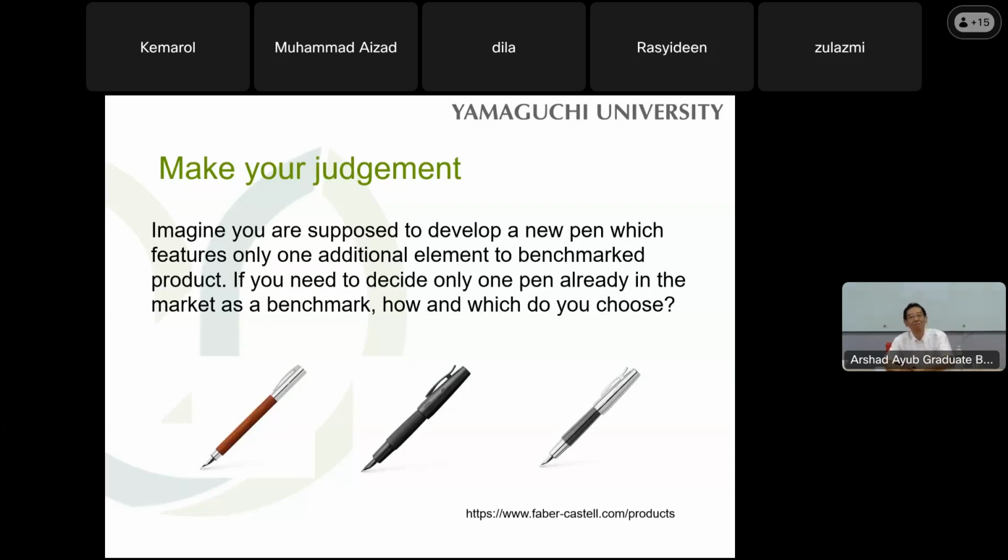Imagine you're supposed to develop a new pen which features only one additional element to a benchmark product. And if you need to decide only one pen already in the market as a benchmark, how and which do you choose? Here is some example, already available in the market from Faber-Castell.